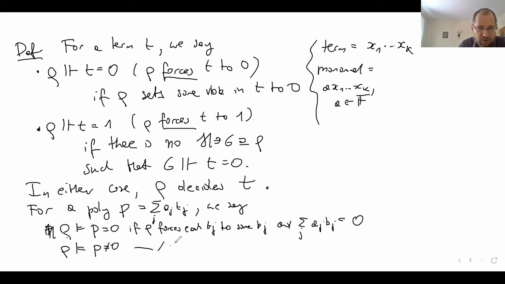meaning non-zero. Well, the same thing. It has to give a value to each term in the sense of forcing. And then if you take that value seriously and sum up the monomials in the polynomial, then you get non-zero. Okay. And finally, we still have to generalize that to configurations.